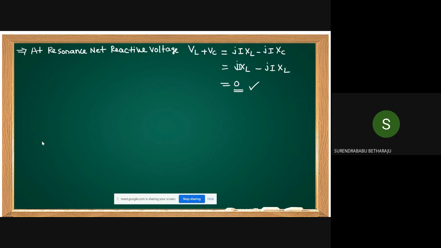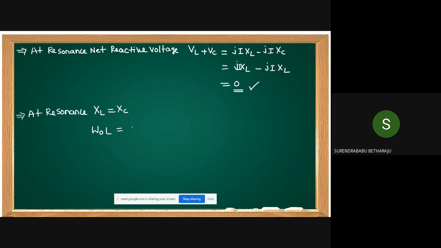Students, please concentrate, everybody. One more observation, at resonance, this is important. At resonance, XL equals XC. I told that XL equals XC. Then the circuit is operating, let us assume, at F0 frequency or omega naught angular frequency.